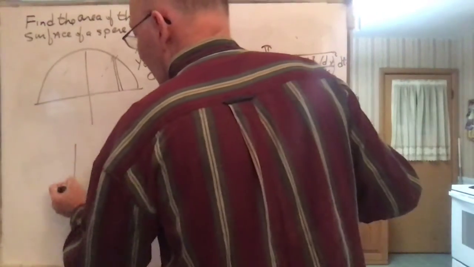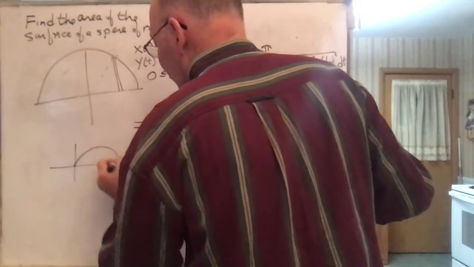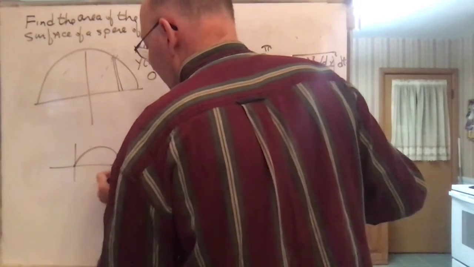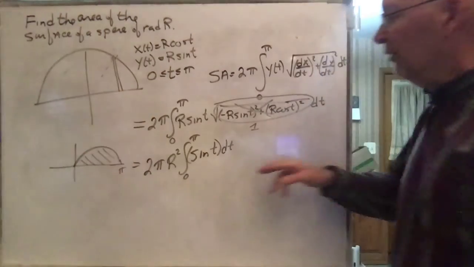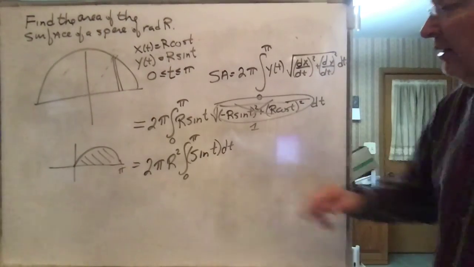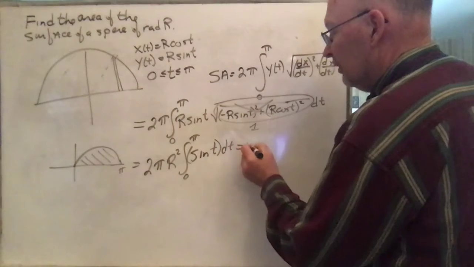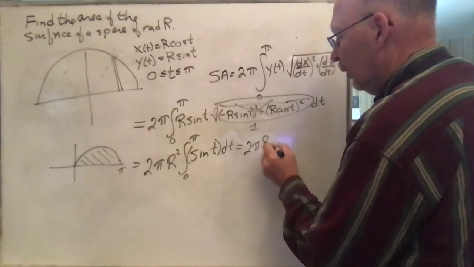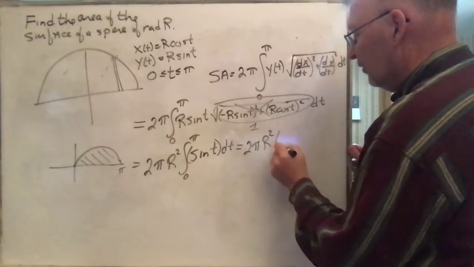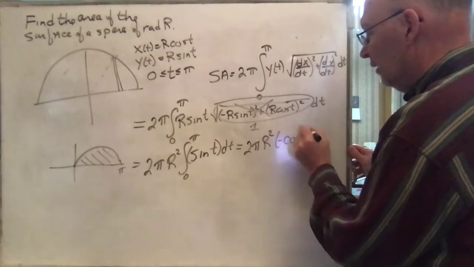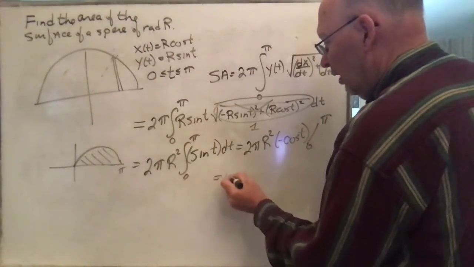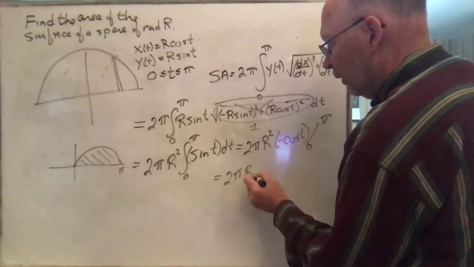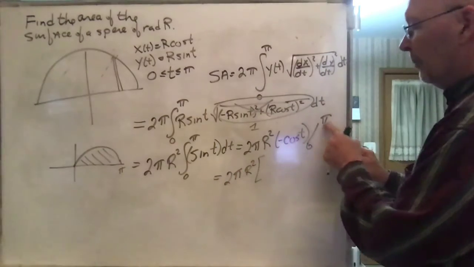And you remember what the area is under the sine graph from 0 to pi? That's one of those that I think is just kind of worth remembering. I'll let you finish it on your own. The antiderivative of the sine, shoot, I'll just do it for you. It's going to be 2 pi r squared times the antiderivative of the sine, which is the negative cosine of t, evaluated from 0 to pi. You stick in a pi here.